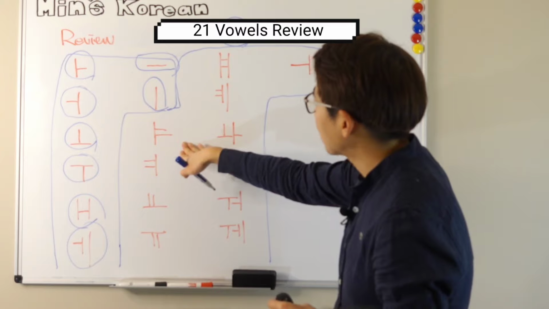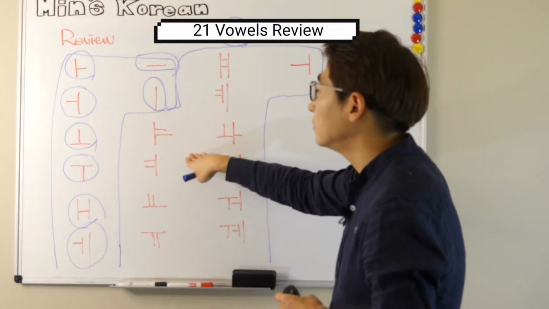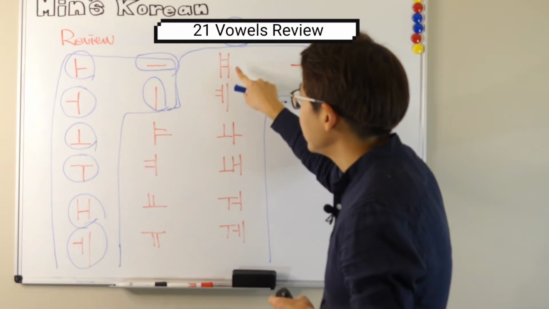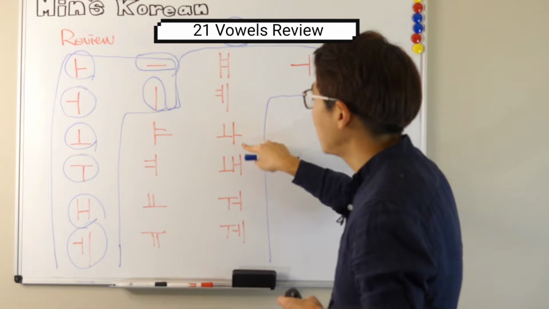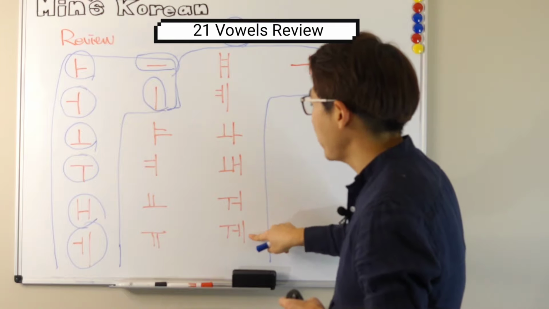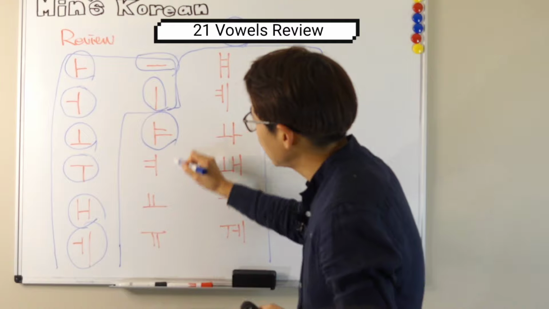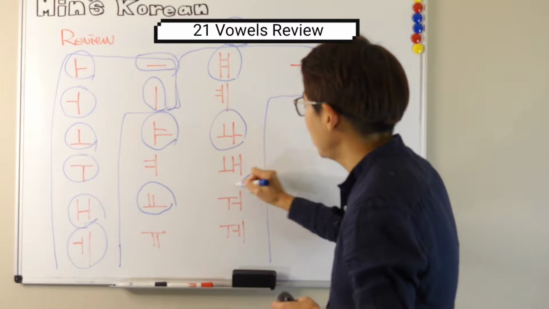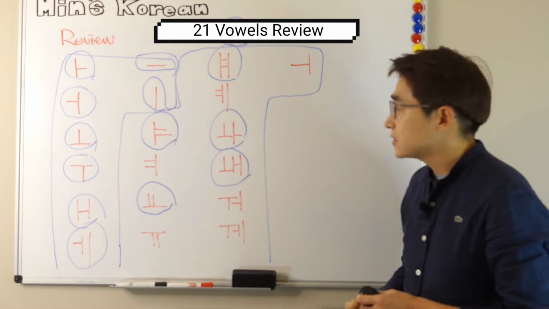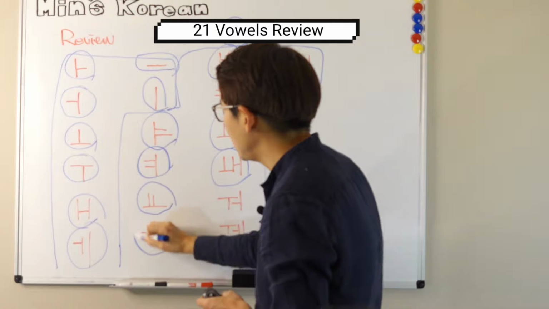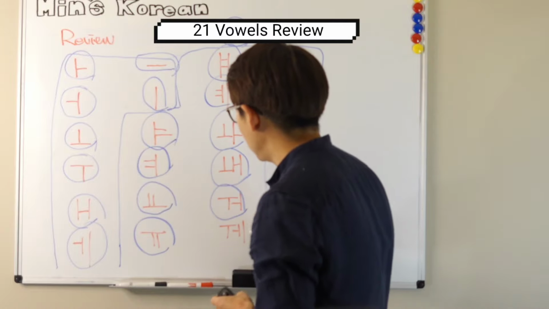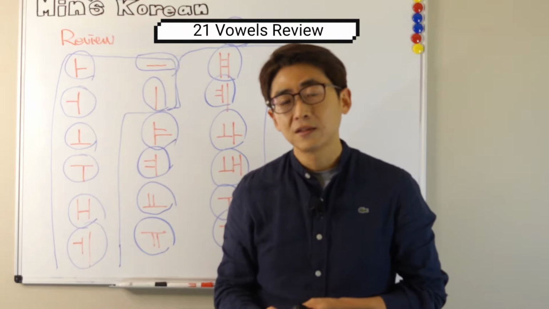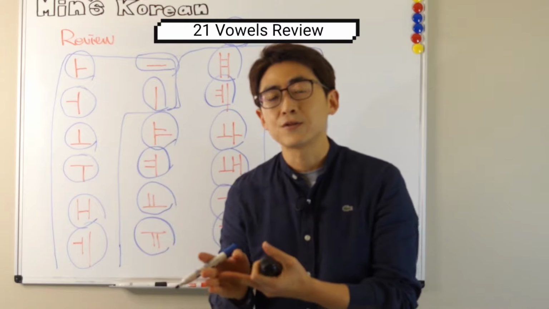Among the double vowels, these ya, yo, ye, wa, we were the bright vowels, and yo, you, ye, wo, we were the dark vowels. And you can never ever combine dark and bright vowels together.